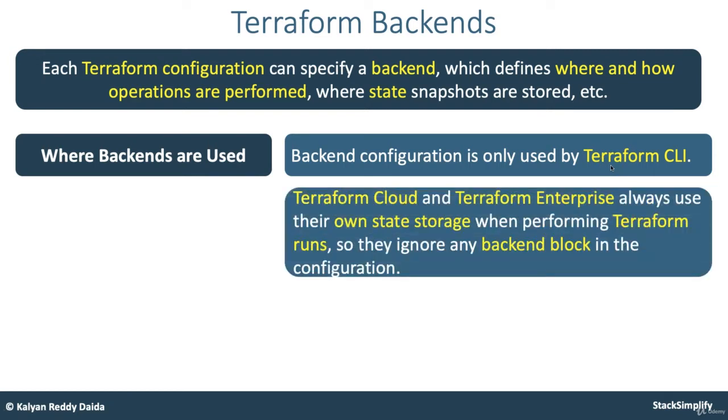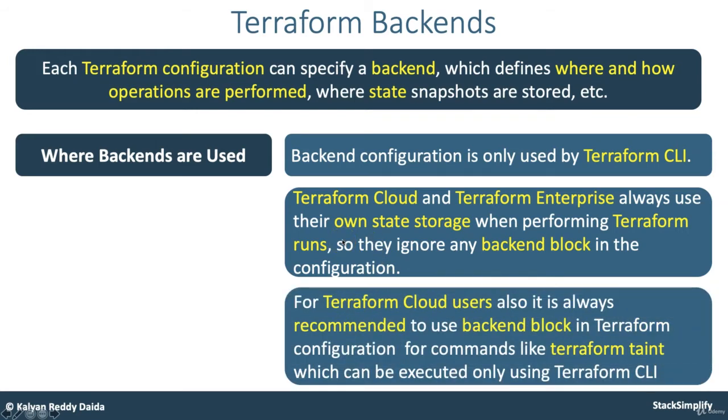Terraform Cloud and Terraform Enterprise always use their own state storage. So when performing a Terraform run, they ignore any backend block in the configuration. For Terraform Cloud users also, it is always recommended to use a backend block in the Terraform configuration.